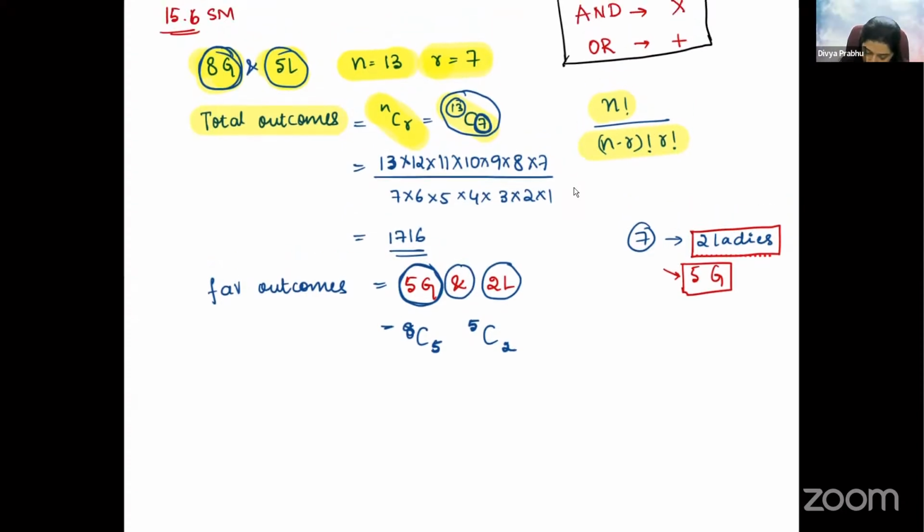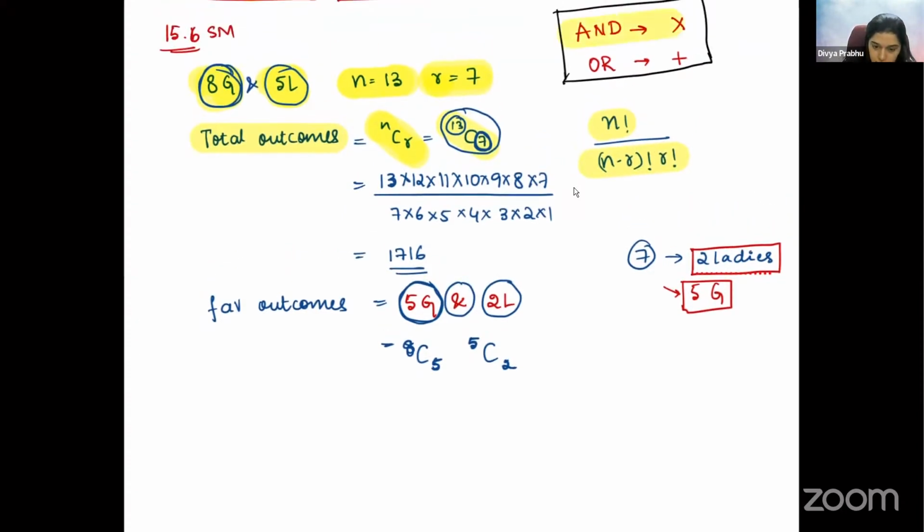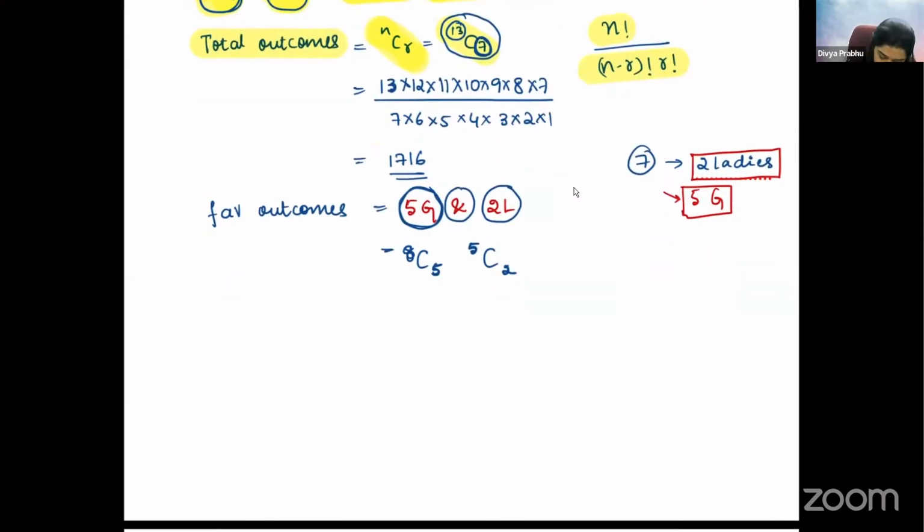Now, always remember, here there is AND. AND means it is multiplication. OR means it is addition. In this case, we have AND, so it means multiplication. So we have to do 8C5 into 5C2. Now use the shortcut which I told you. How to calculate 8C5?